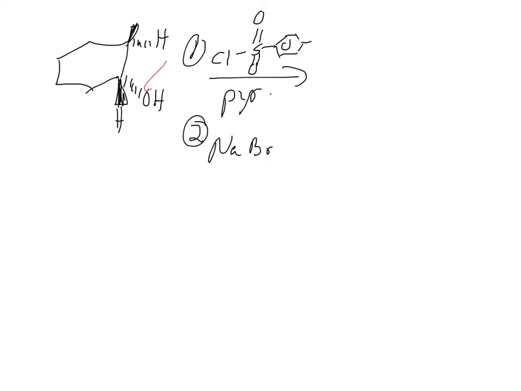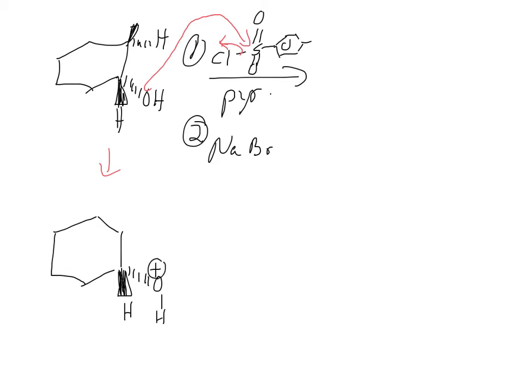Again, the lone pairs on the oxygen attack the sulfur, kicks out the chlorine. I'm just going to abbreviate it as Ts now, tosyl, just to shorten it.